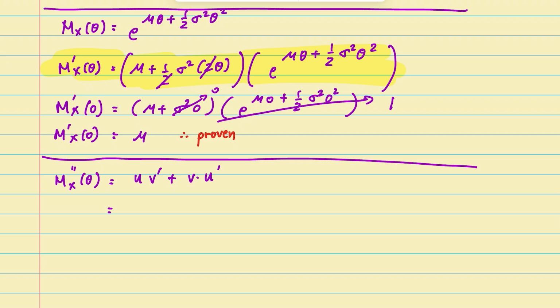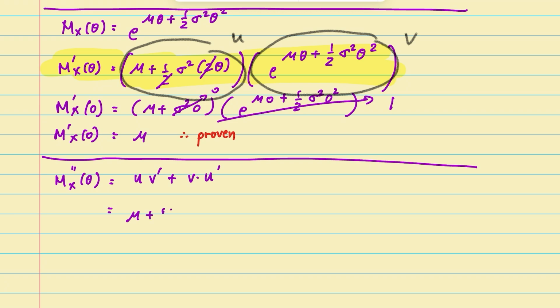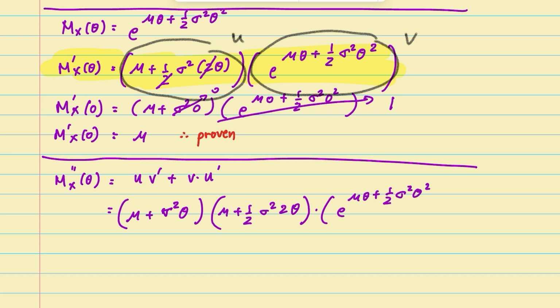So u refers to the first term here, which is mu plus sigma squared theta, and v is this one. v' means the derivative of v itself, so it is mu plus half sigma squared 2 theta, times e to the power of mu theta plus half sigma squared theta squared.